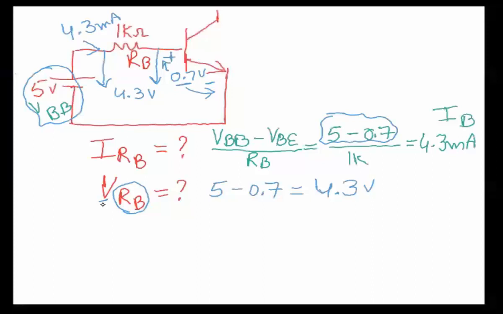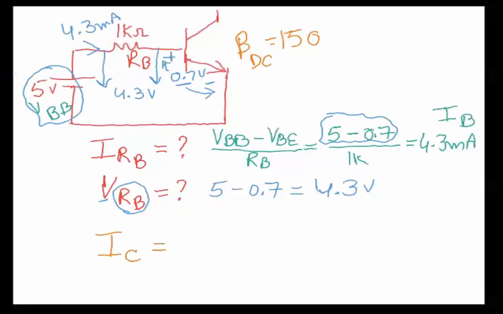So we good on this? If the beta DC is given, let's say beta DC is given as 150, how do we calculate the collector current?